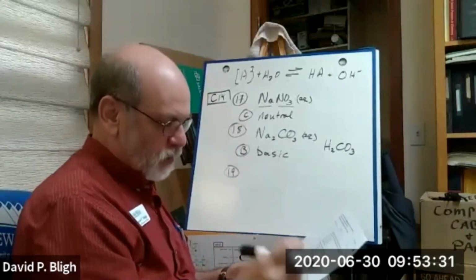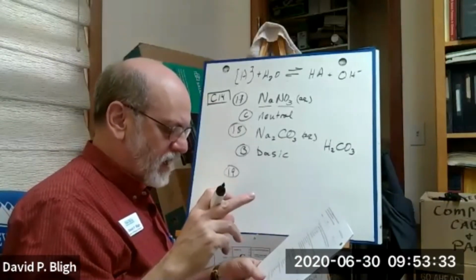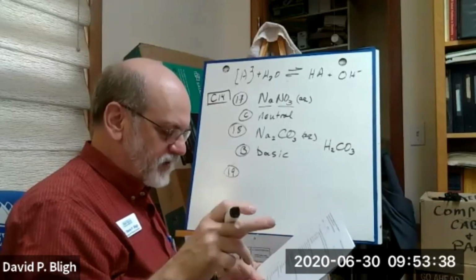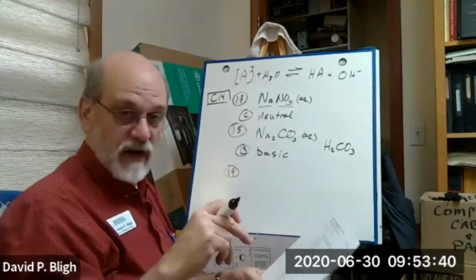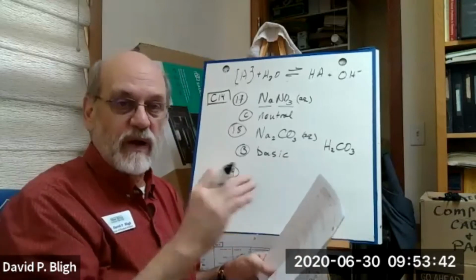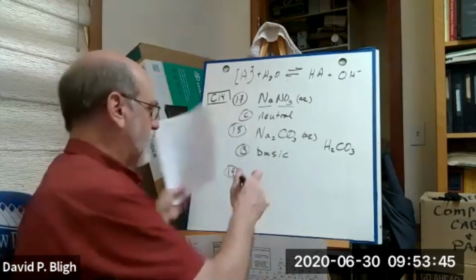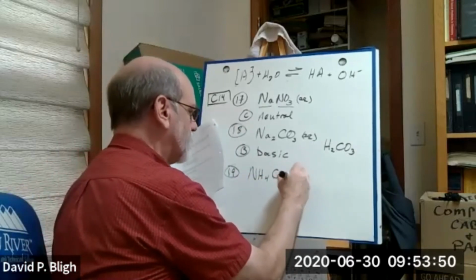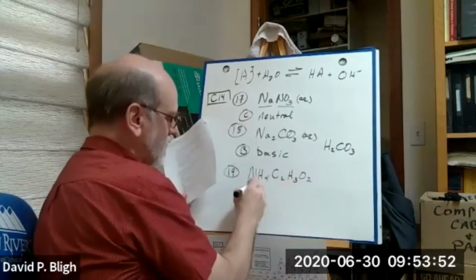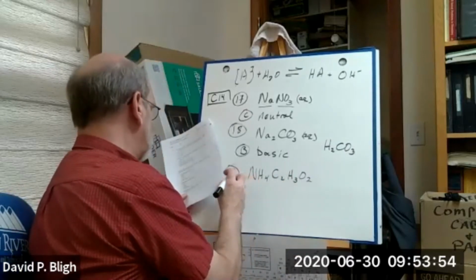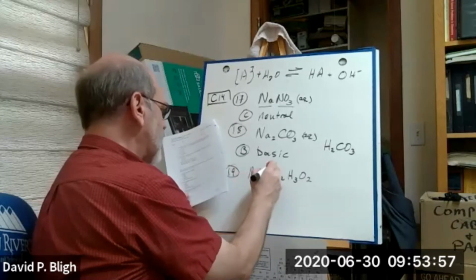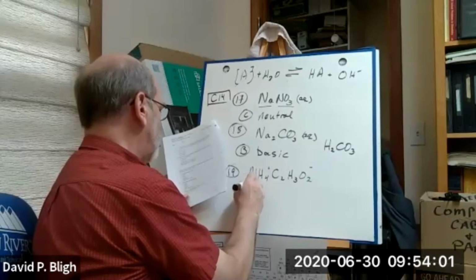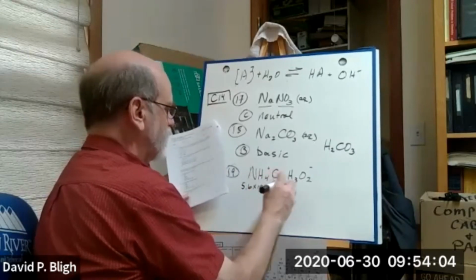19, we're combining a weak base and a weak acid. So for that one, you need to compare the Ka with the Kb. For this one, ammonium acetate, the Ka for this one is 5.6 times 10 to the minus 10.